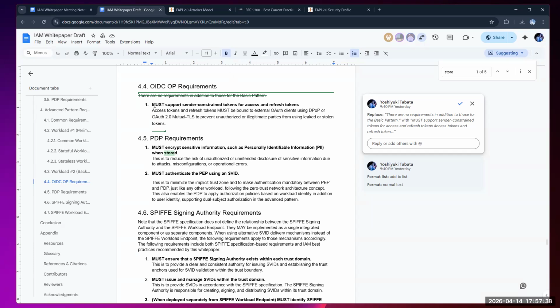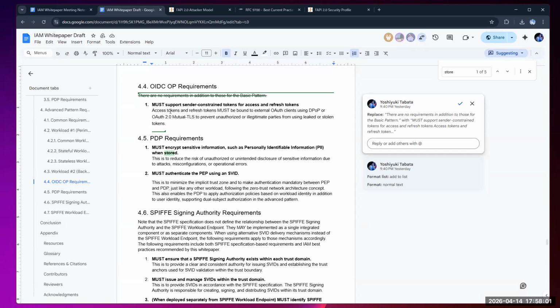So if we use this as "should", we don't necessarily address FAPI 2.0. Is that your opinion, right? Yes, because it's optional.